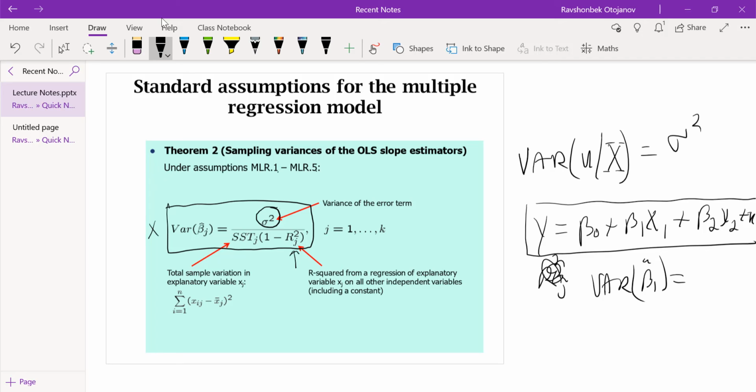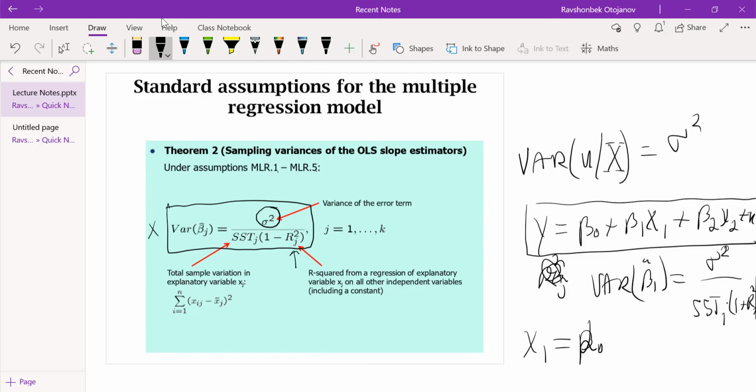In that case, sigma squared will be the error variance for the whole model over SST using the first x1, times now 1 minus r squared 1. Here the r squared 1 is from this equation, a function of x.